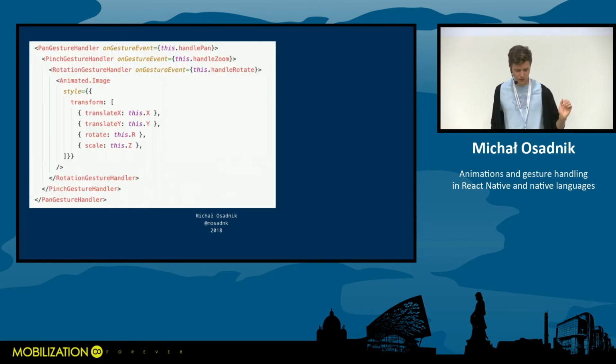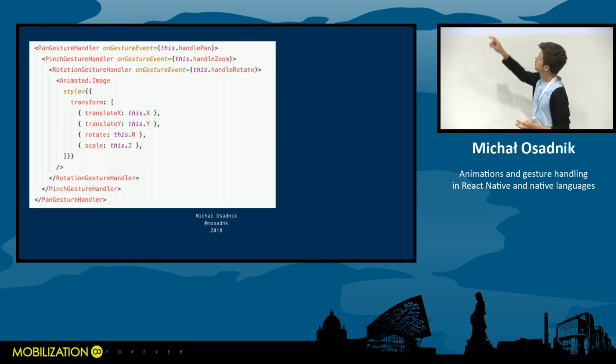Maybe just let me show you the example code. Of course, it's the example of pan, rotate, and zoom, and this is how it could be achieved more or less with the Gesture Handler and Reanimated libraries. There are 3 handlers, and they are wrapping some animated view, and they are connected to some methods.